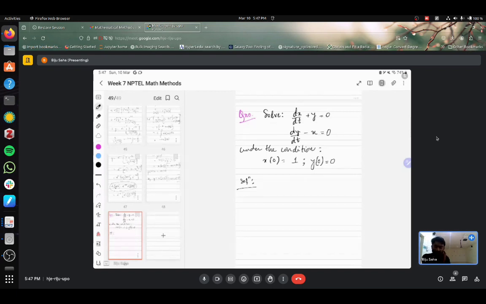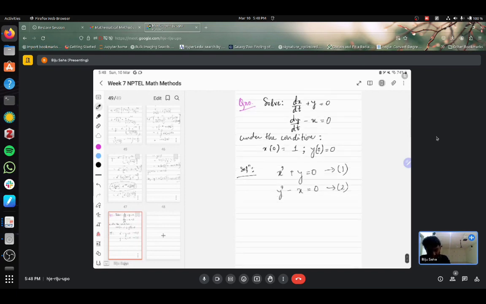Here you have two simultaneous differential equations and two conditions, and you have to solve them. So the first differential equation is this, and the second differential equation is given by this. Let this be named 1 and this be named 2. So you take Laplace transform on both sides.